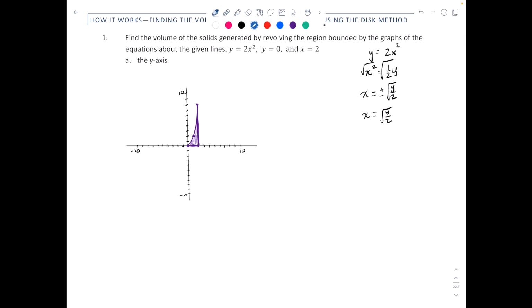number 1A. All right, so for number 1A, we want to revolve this one about the y-axis, which is the line x equals 0. So it's a vertical axis of rev. So you're going to have the representative rectangle be like that.